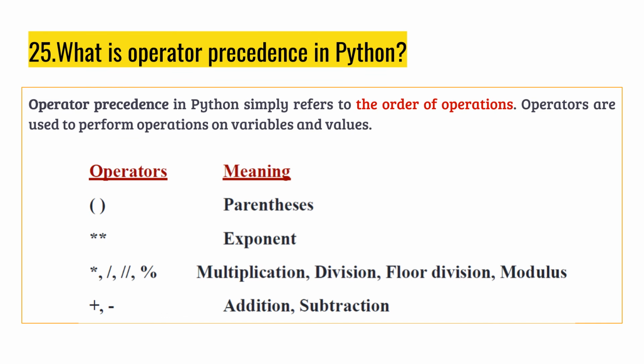Again there will be a question: what if equally prioritized operators come next to each other? Which one do I perform first? For example, if multiplication and division come together without any parenthesis, which one should I go first? That will be discussed in the next slide.